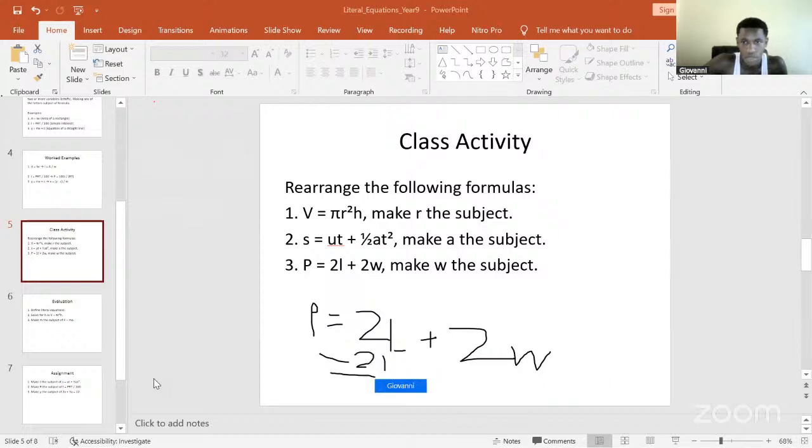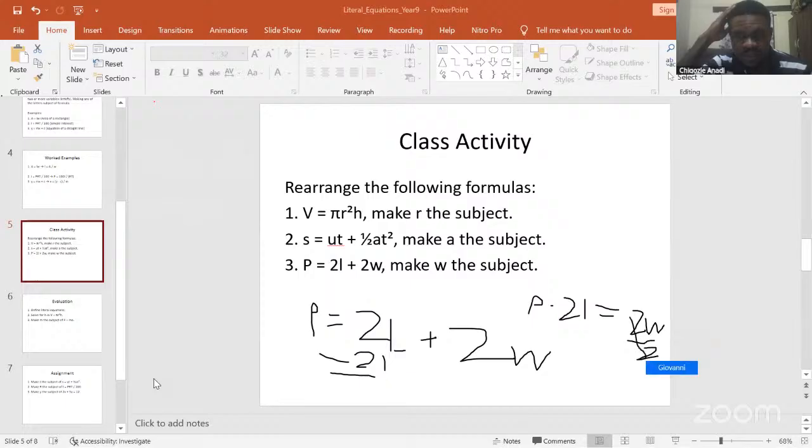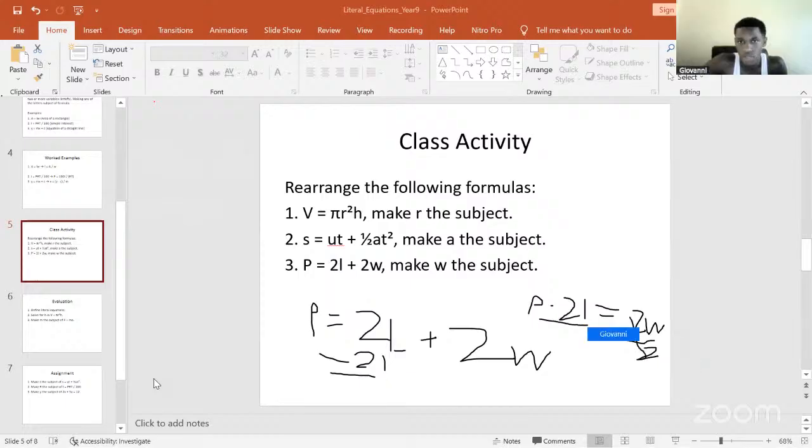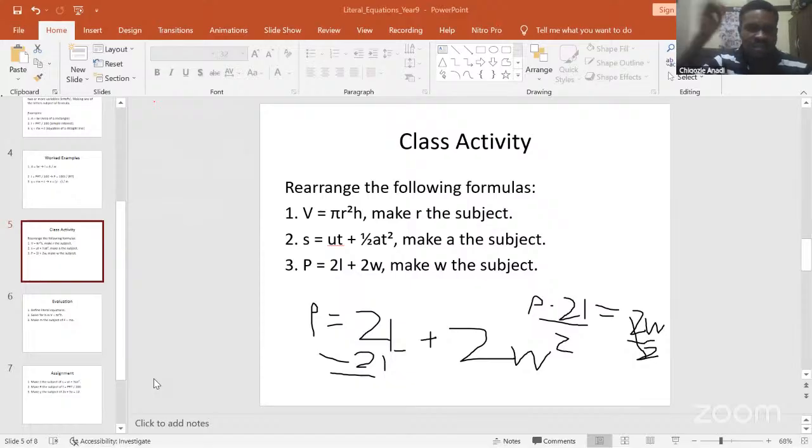So it's B minus 2L equals 2W. Then I divide both sides by 2. So it's W equals B minus 2L over 2, which is absolutely correct. Good job. That answer is absolutely correct. I still have some more questions.